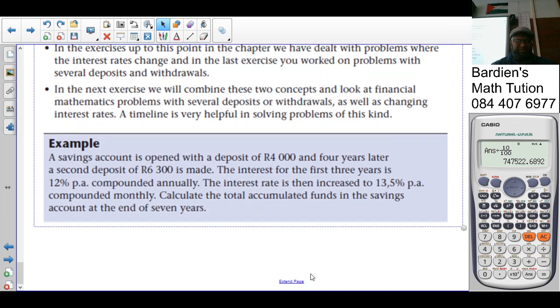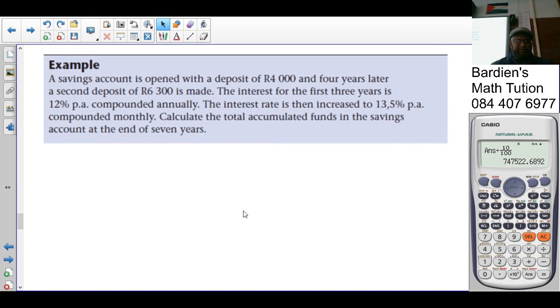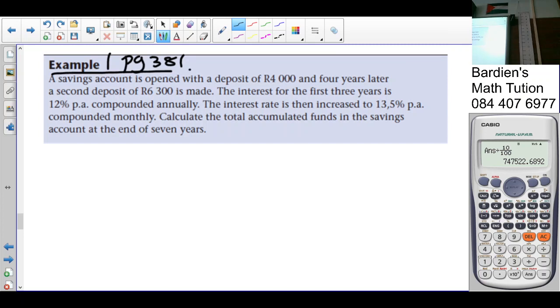Okay, so let's look at this example here. This is example 1 on page 381. Example 1, page 381. Okay, so we're going to do the sum together. So you draw your line first.